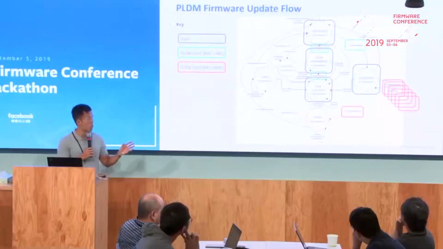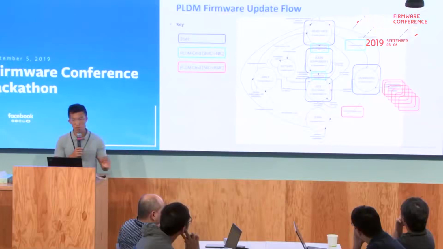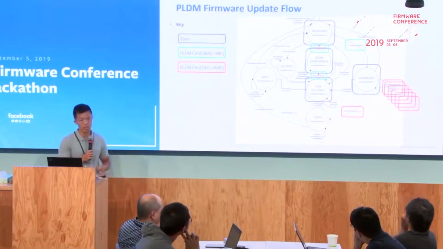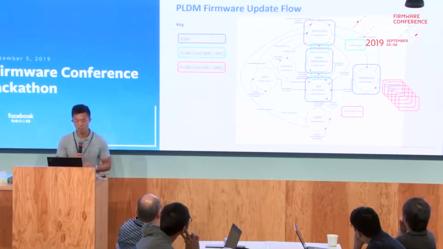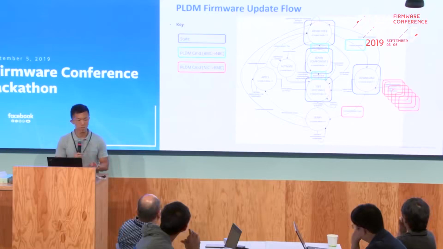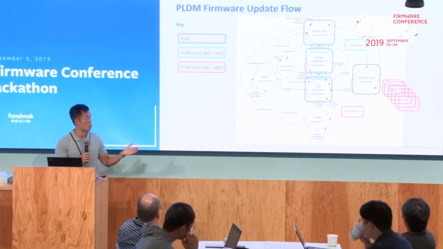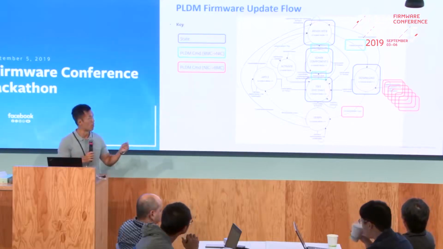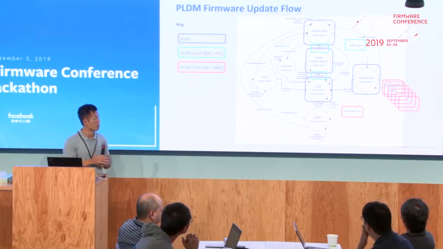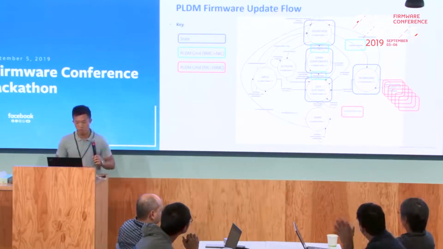Finally, when the device receives the entire firmware component, by the way, BMC has no control over this. Out of a 10 megabyte component, the device can request 3 megabytes, and the device can decide to move to the next state, for example. So it's up to the device to verify this. BMC actually has no way to initiate retry or verify. So we trust the device firmware knows what it's doing.